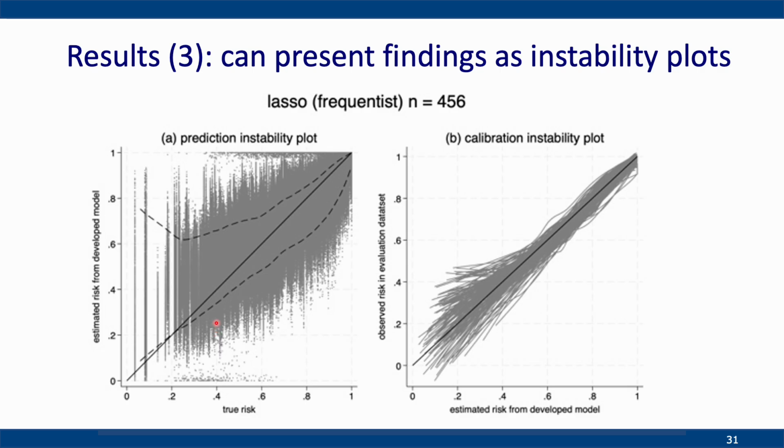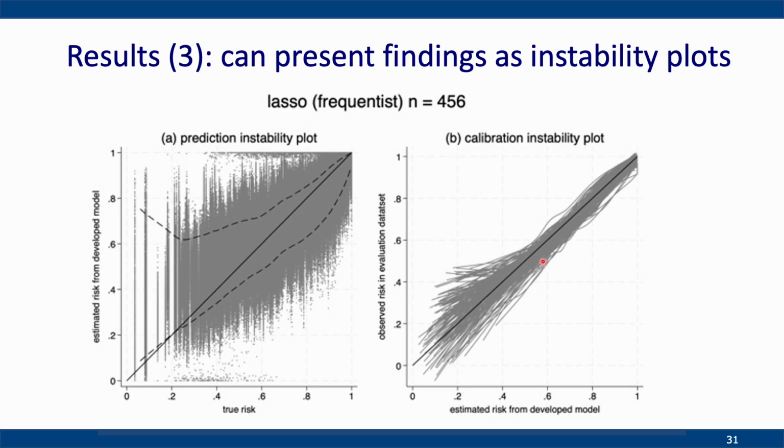Even though, for example, somebody's true risk is 0.4, any one particular model could give their risk anywhere from 1 down to 0. And the 95% interval could be about 0.3 to about 0.5 maybe. So there's a lot of uncertainty, maybe starting to reveal that the sample size of 456 may not be reliable if you're very keen to get stability at the individual level in predictions.